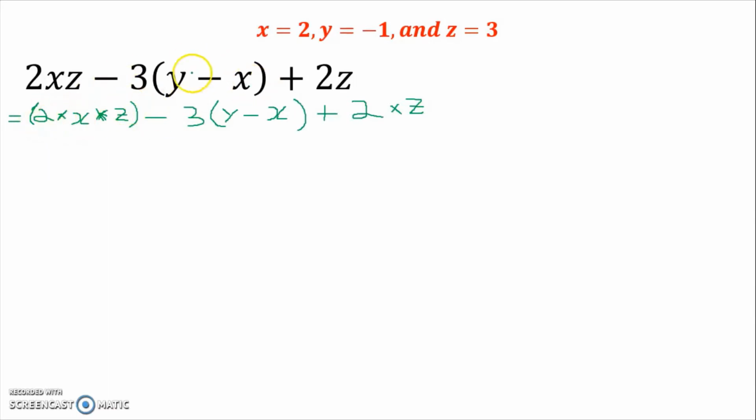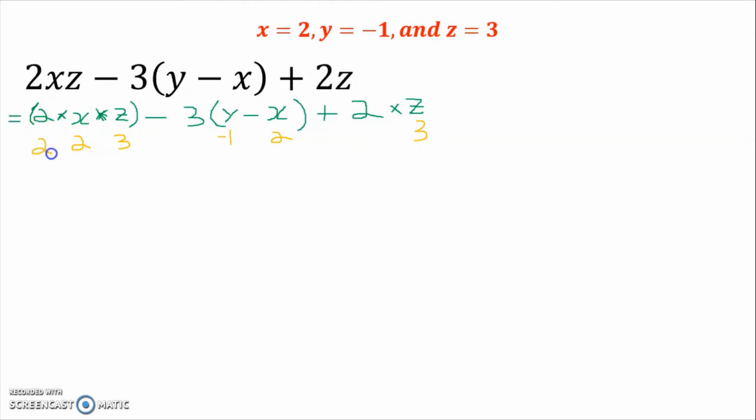Now that we have expanded the expression, we can substitute the values for x, y, and z into it. We know x is equal to positive 2, y equals negative 1, and z equals positive 3. We replace x with positive 2, z with positive 3, and y with negative 1, and we bring down everything else.